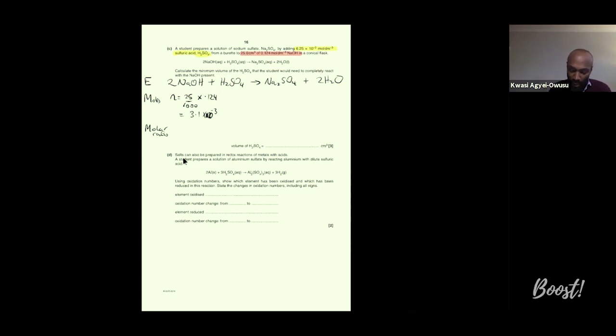If we have 3.1 times 10 to the minus 3 moles of sodium hydroxide, it should react completely with half that number of moles of sulfuric acid. So we can work out the moles of sulfuric acid, which would be 3.1 times 10 to the minus 3 divided by 2, and that should give us 1.55 times 10 to the minus 3.